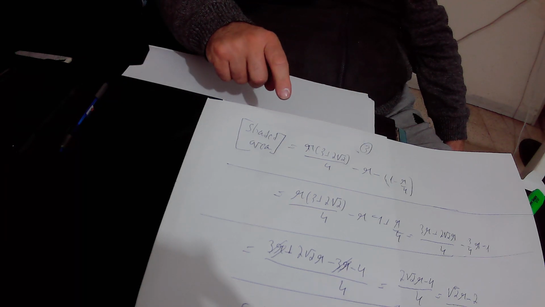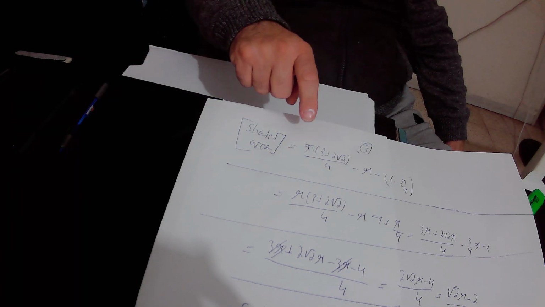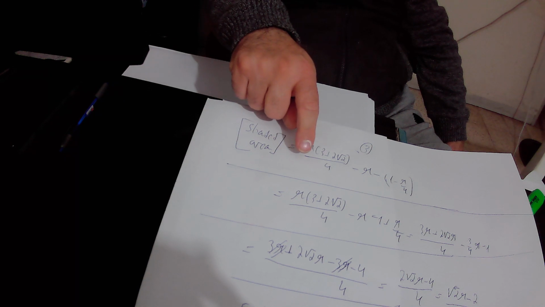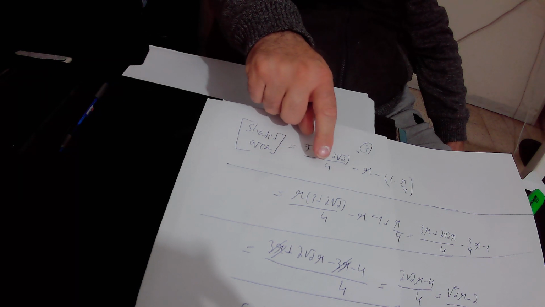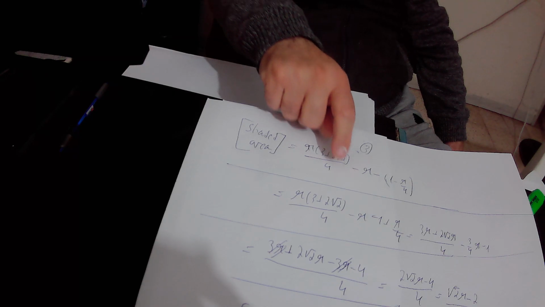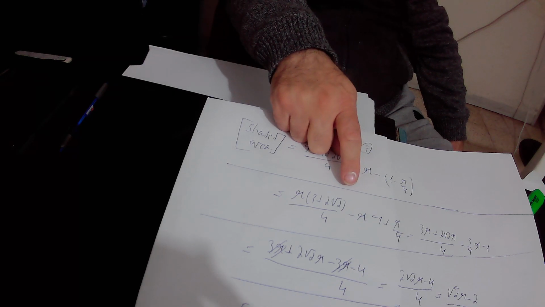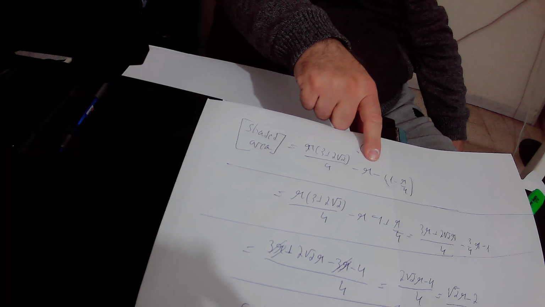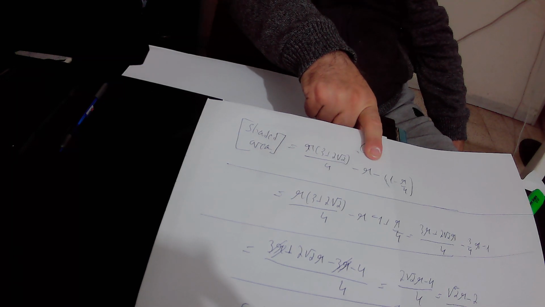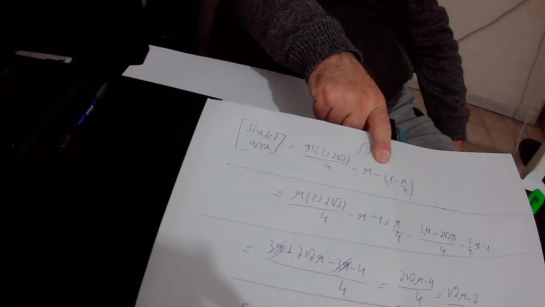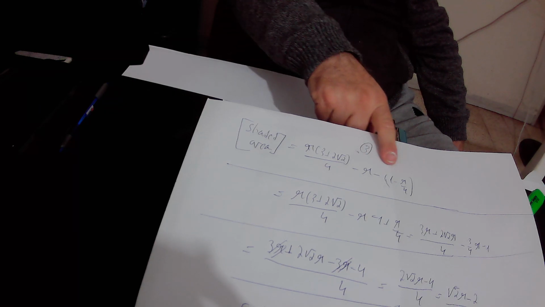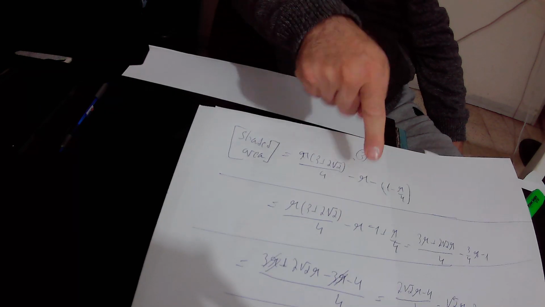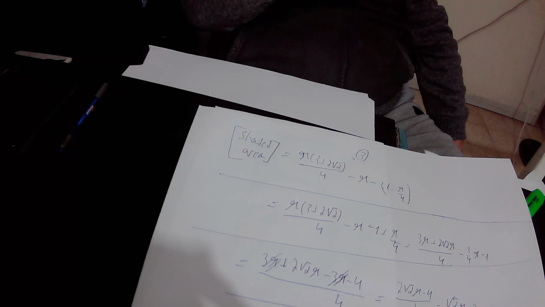So the value of the shaded area equals the area of sector AOE, that is pi times (3 plus 2 times square root of 2) over 4, minus the area of the small semicircle, that is pi. Here we open the brackets and we have here minus 1, and minus times minus is plus, so it is minus 1 plus pi over 4.